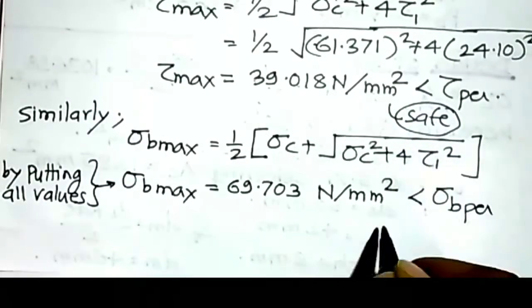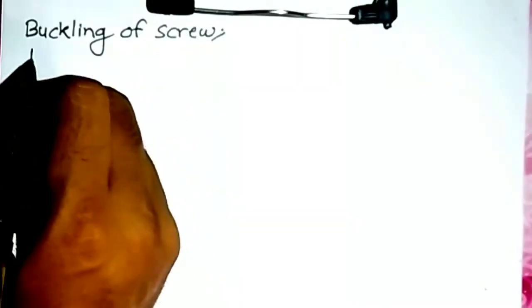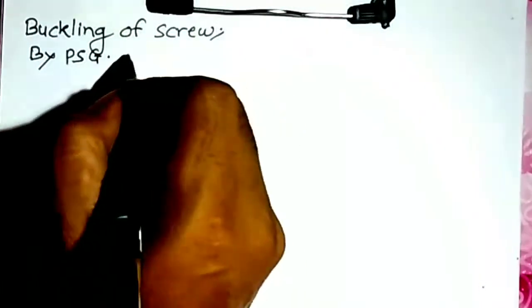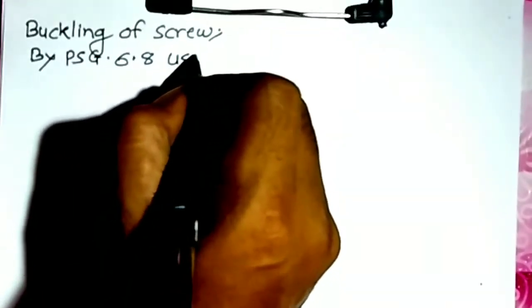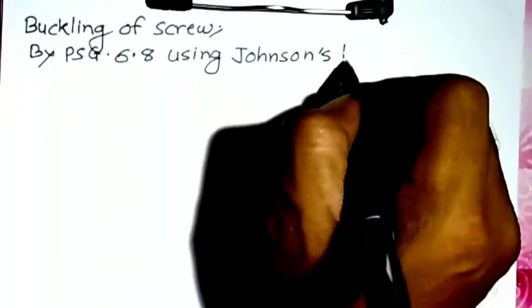If sigma B is less than 82 Newton per mm square, it is safe. Putting all the values in the equation, we get sigma B as 69, which is less than the permissible limit of bending stress, that is 82 Newton per mm square.